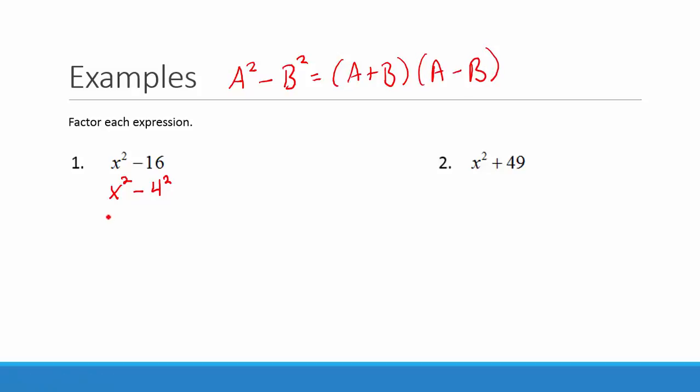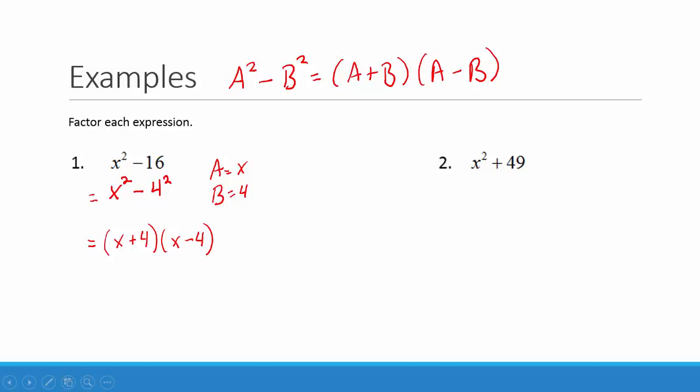So in our example 1, a is equal to x, and b is equal to 4. So we can rewrite this polynomial in factored form by using our formula a plus b times a minus b. So we get x plus 4 times x minus 4. And that is the factored form.